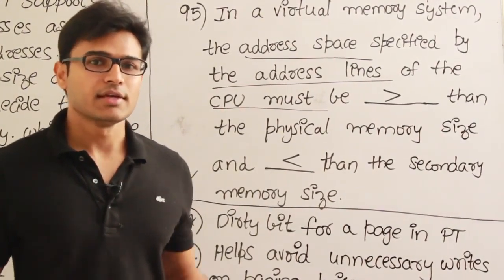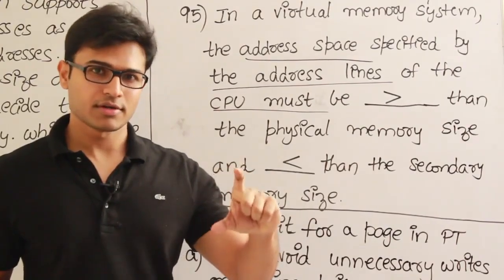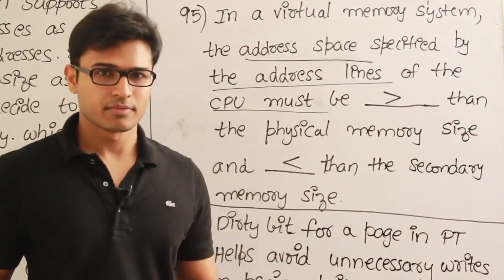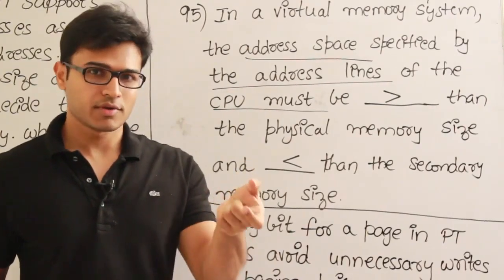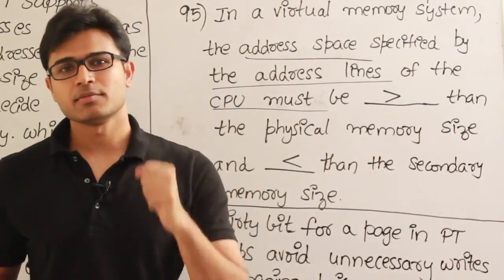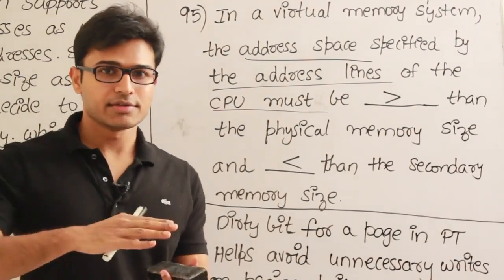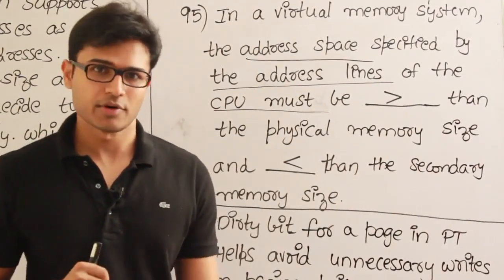The reason is, even though the processes are now smaller, we are not going to keep the entire process in the main memory. We are going to place only a part of the process in the main memory so that many processes can be kept in the main memory, which will increase the degree of multi-programming, right?